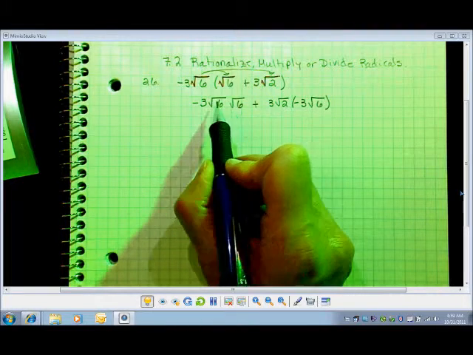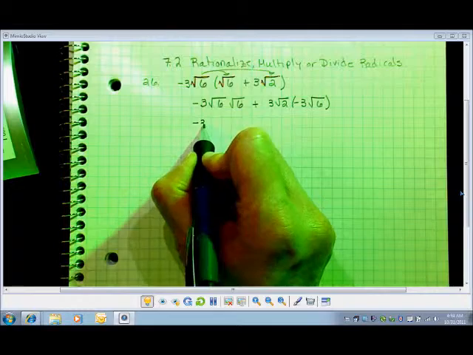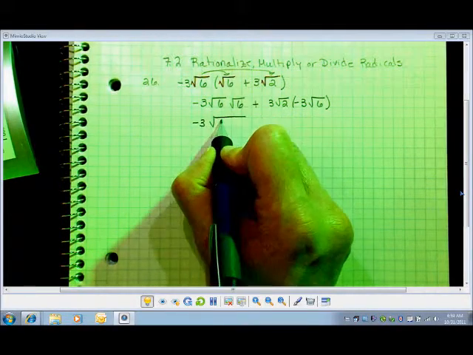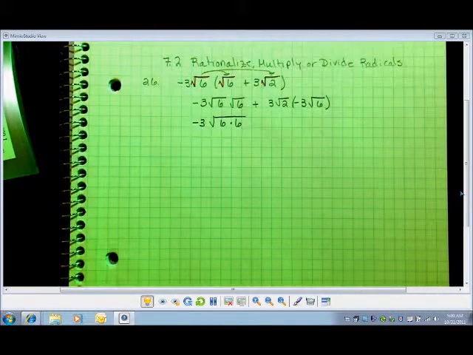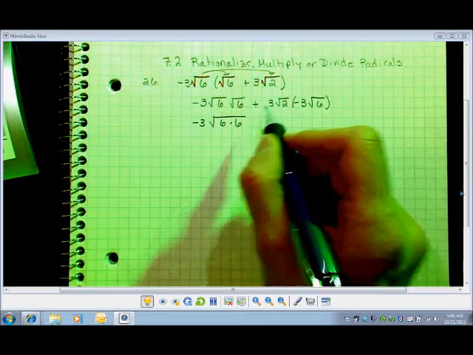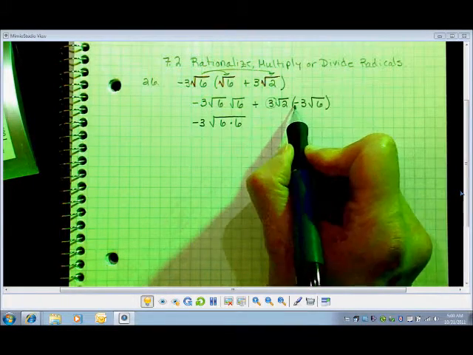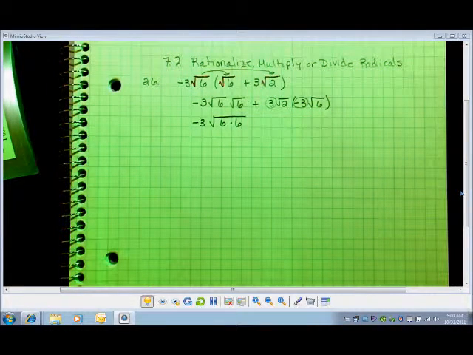Both of these radicals are exactly the same, which means when I'm multiplying, I can put my radicands 6 underneath the same radical. I'm going to be a little careful here because I have a 3 and a -3 outside of the radical.